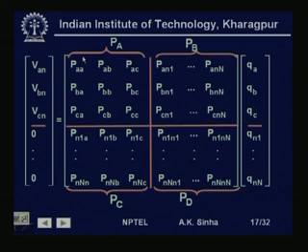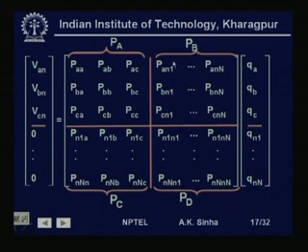Now, here we see we can divide this P matrix, which will be a 3 plus n n by 3 plus n n matrix. This matrix we can divide into 4 submatrices P a, P b, P c and P d, where P a is a 3 by 3 matrix which relates the voltage with respect to charge on the phase conductors.